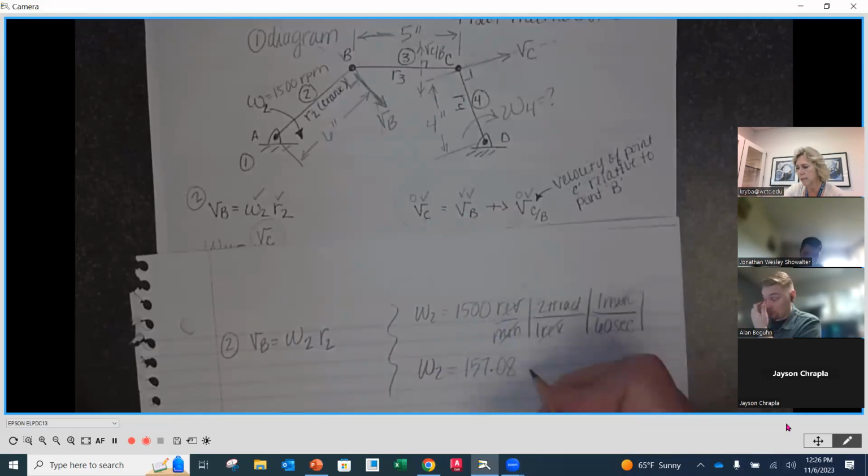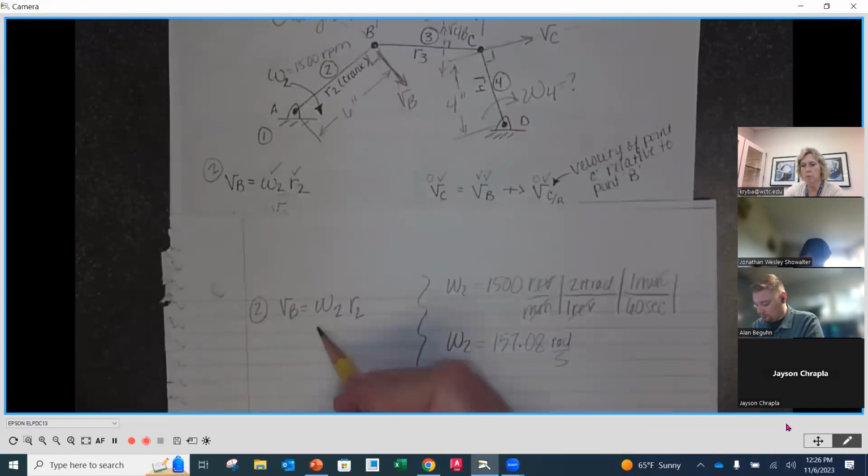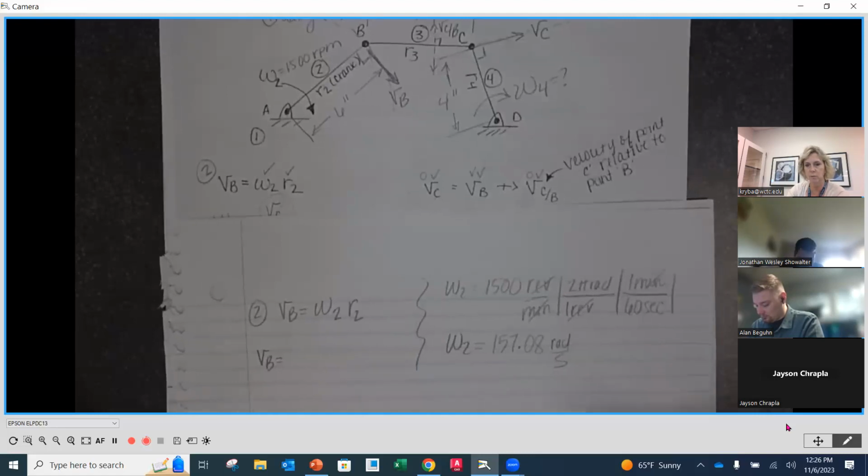Now, my units are going to be in radians per second, right? So now I'm going to take that number and we're going to put it over into our equation to solve for the velocity of B. So velocity of B is going to be 157.08 radians per second. Now, when you write this out, resist the urge to put this as a slash and put it in line. Put radians on top, seconds on the bottom, so that you can definitively know what your final units are.